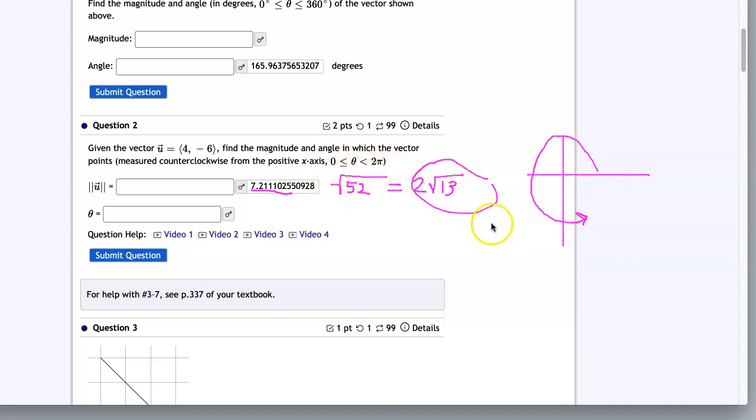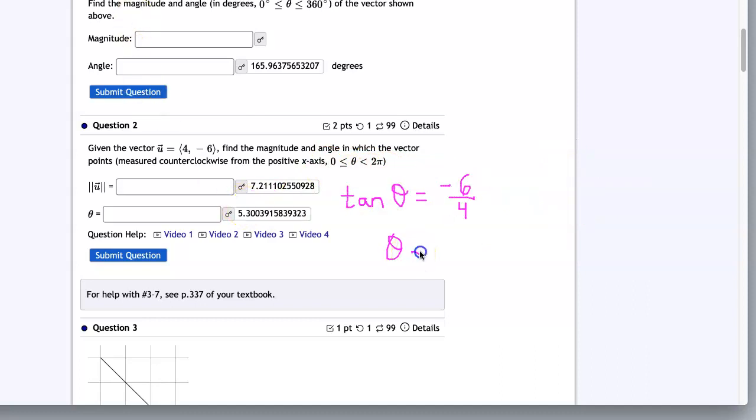So if you take tan inverse, it is going to give you that theta is approximately negative 0.9828 if I use my calculator. Well, I know that's not between 0 and 2 pi, but this is the result that I get using inverse tangent on the calculator.